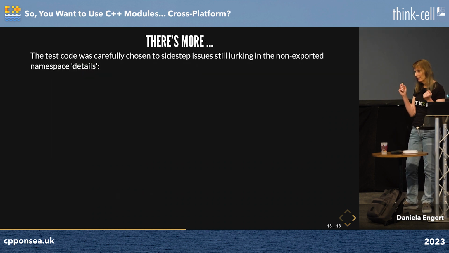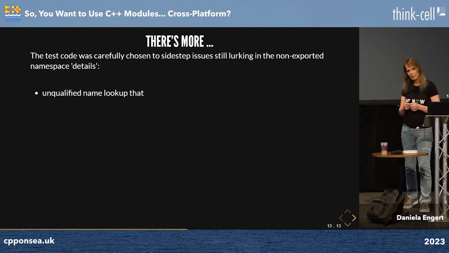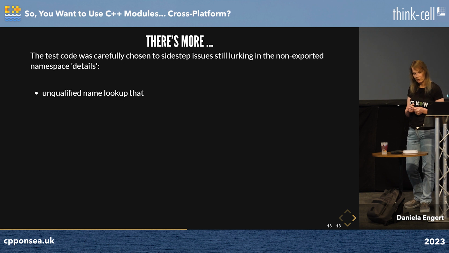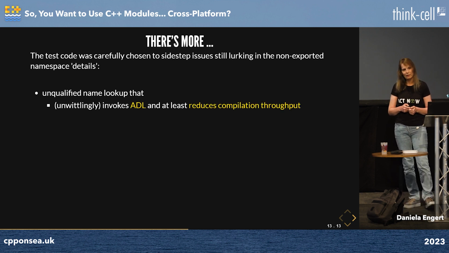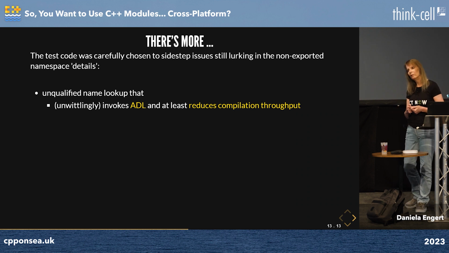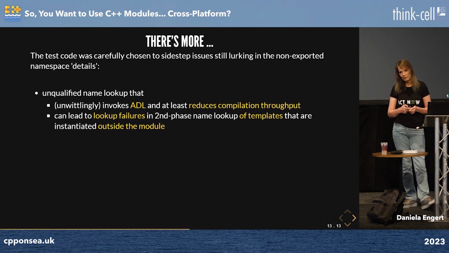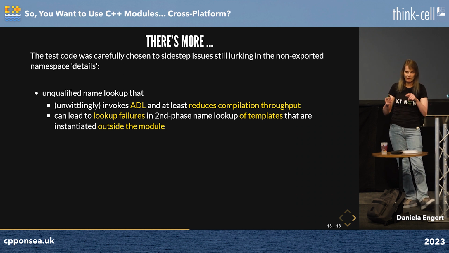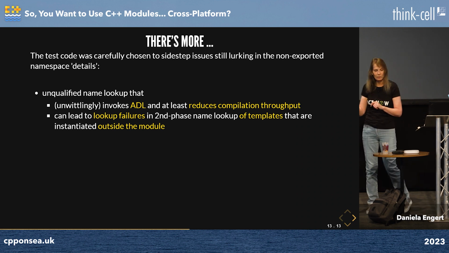But I didn't tell you the whole picture right now. There are still more things to consider. The library is using unqualified named lookup, and unqualified named lookup means you invoke ADL, and invoking ADL at least reduces compiler throughput. And it can lead to lookup failures, because not everything is made visible to the user of the module.